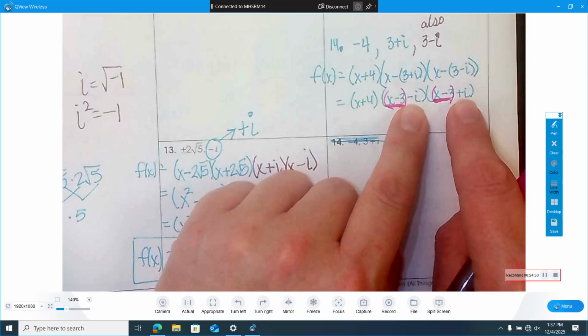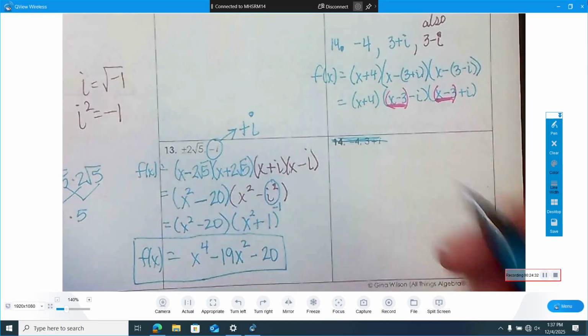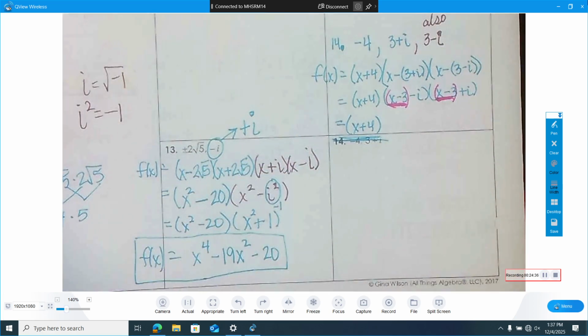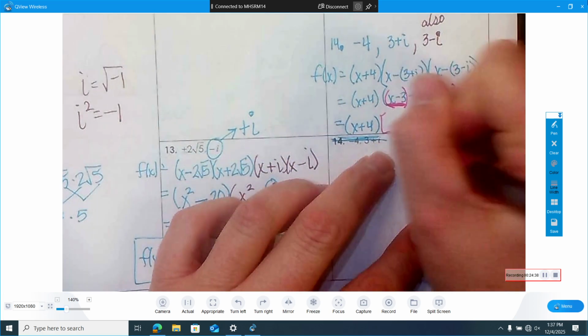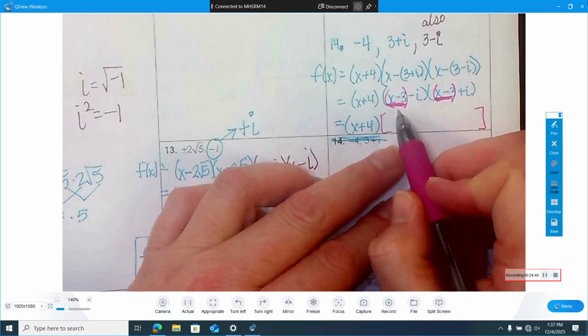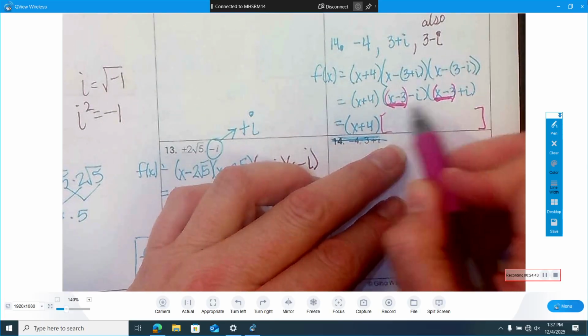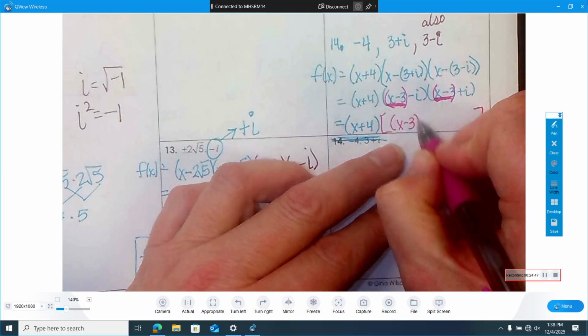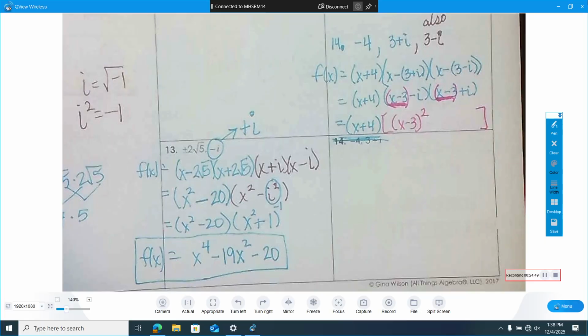So that is the sum and difference pattern. All right, so we have x plus 4 in front, waiting its turn. And if I'm foiling these last two bubbles together, this is this pink bubble times x minus 3 times x minus 3.